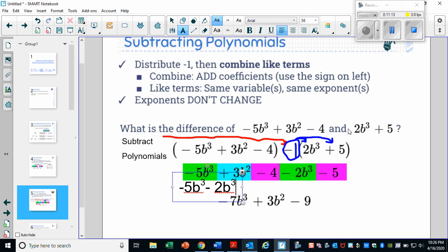And then it is plus 3b squared, minus 4, sorry, just a single minus 4, minus 5.